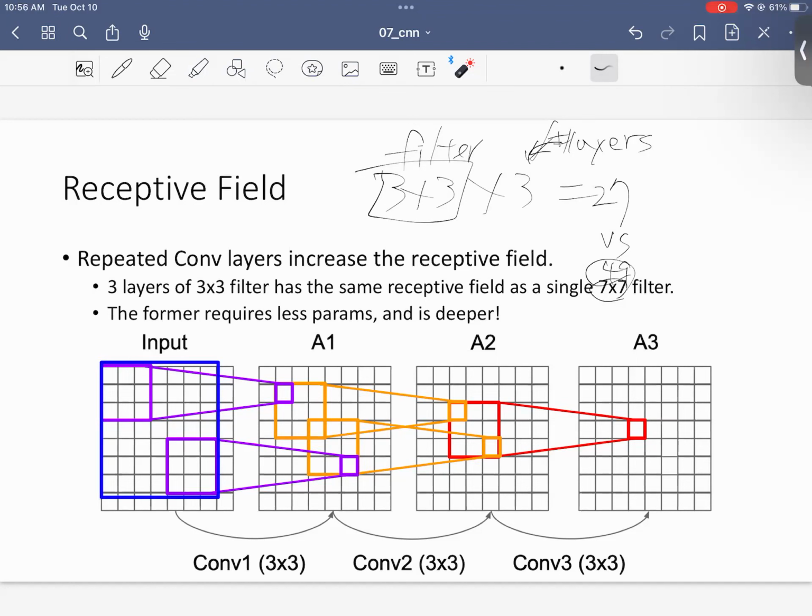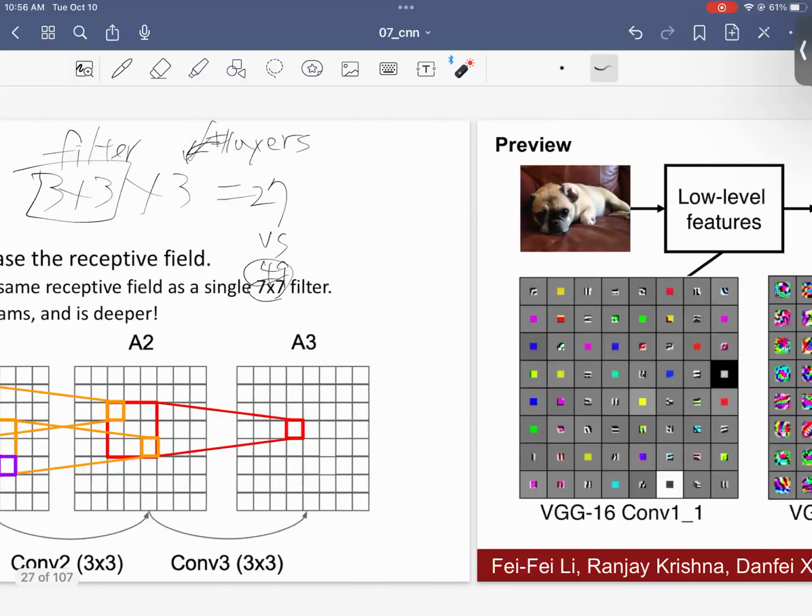So having more layers means you have more chances to warp the latent space as necessary, as much as necessary to fulfill your objective or your goal. So that's why it's usually a good idea to use many layers, but it can lead to overfitting, obviously, right?